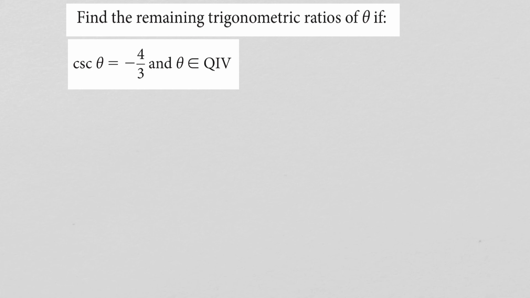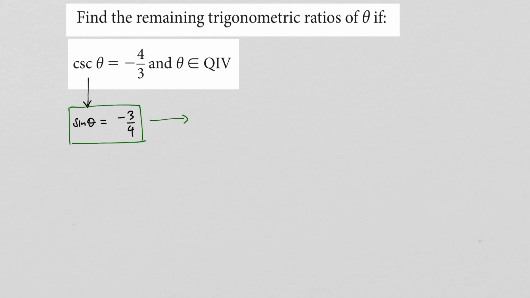All right, so in this case, we know that cosecant of theta is -4/3. So let's see, the first one that I could find here very easily would be sine, because we know sine is the reciprocal of cosecant. So that would be -3/4. So that's one down. Now, once we know sine, we can get cosine.